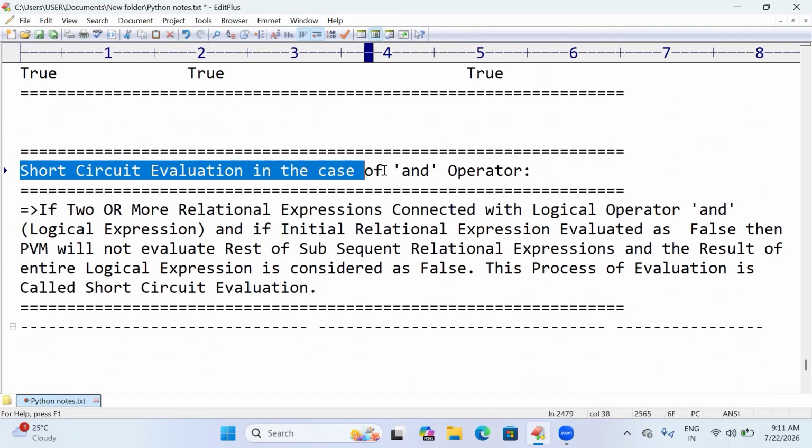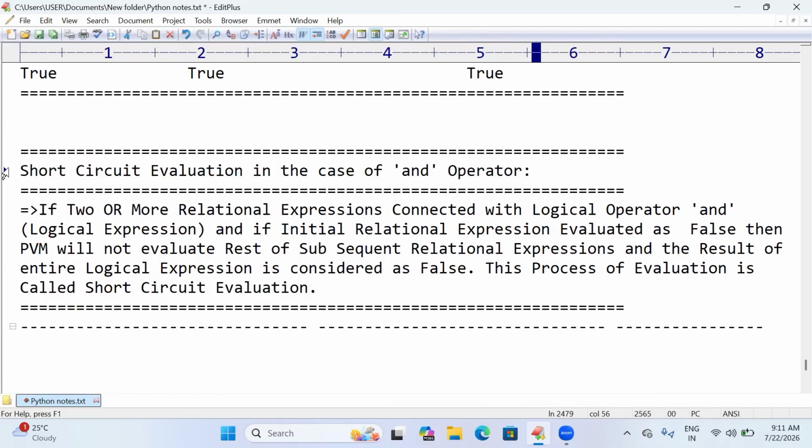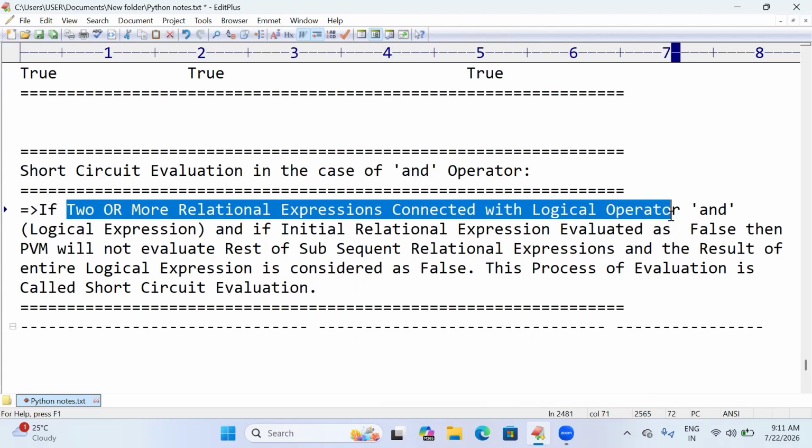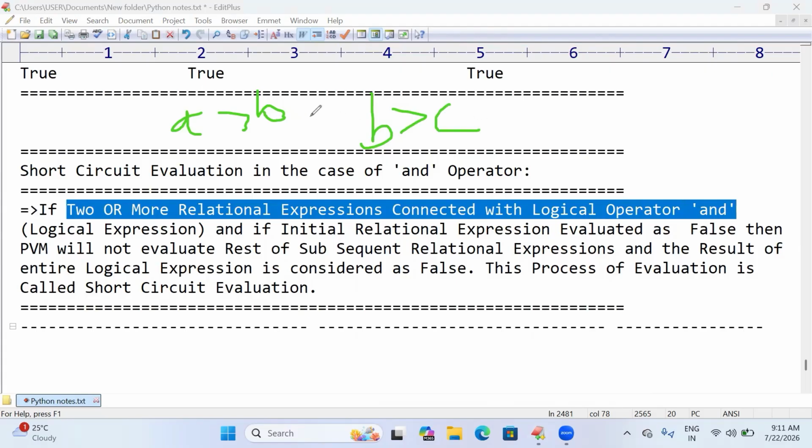Short circuit evaluation in the case of the AND operator. Let's see what short circuit evaluation is. Two or more relational expressions, such as A greater than B greater than C, are connected with the logical operator and. When two or more relational expressions are connected with the logical operator and, it is known as a logical expression.